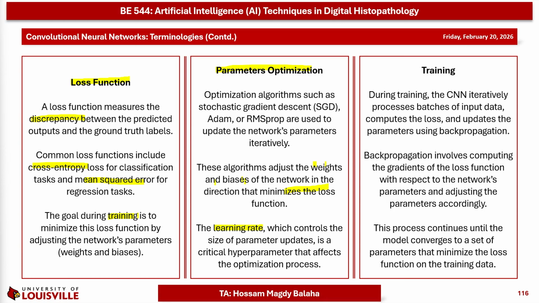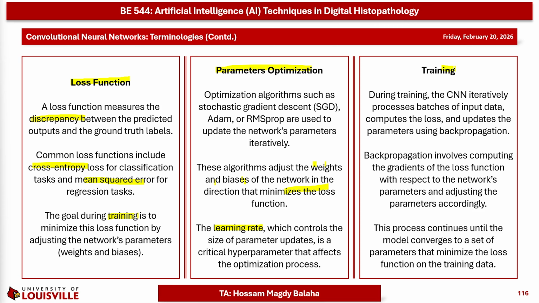Examples of the optimization algorithms are gradient descent or stochastic gradient descent, Adam, or root mean square prop. Again, the choice of the optimization algorithm depends on the application and the dataset. And we can also try multiple optimization algorithms aiming to find the most suitable for our dataset.